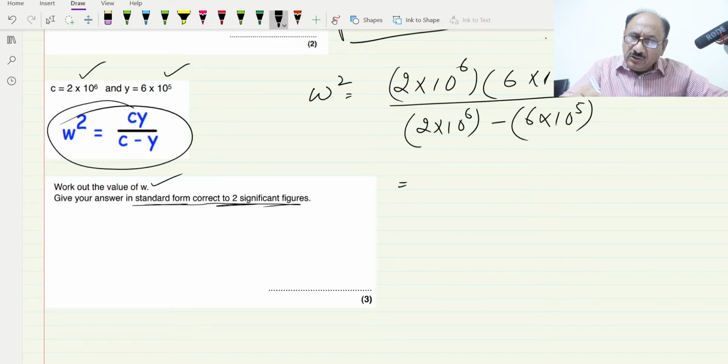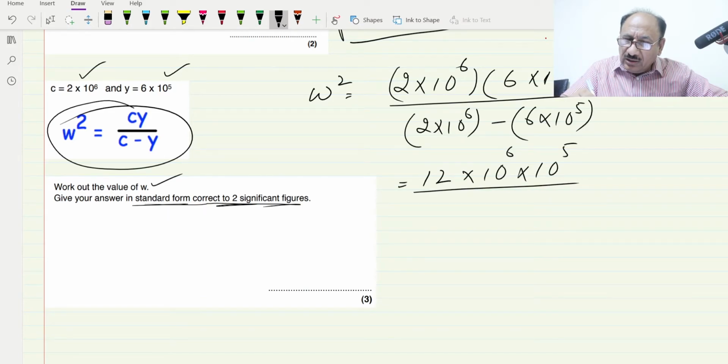We will multiply 2 into 6, which is 12, so 12 into 10 raised to power 6 and into 10 raised to power 5 in the numerator. For the denominator we can basically use the calculator, and I will tell you the easier trick.